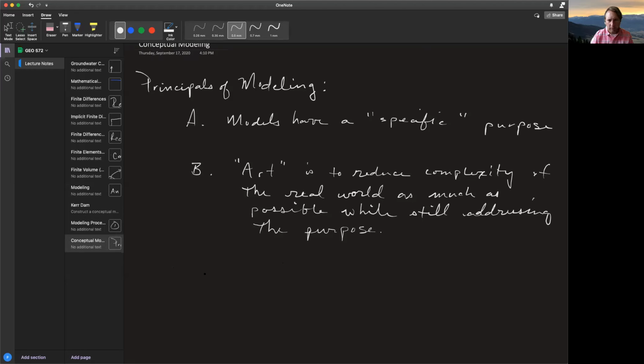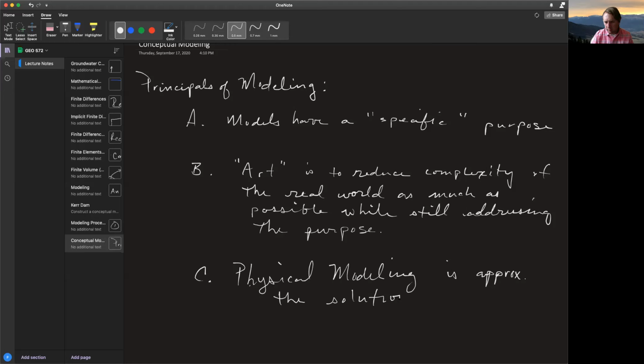All right, this really holds only for physics-based models, but remember that a physical model is approximating the solution to the boundary value problem.